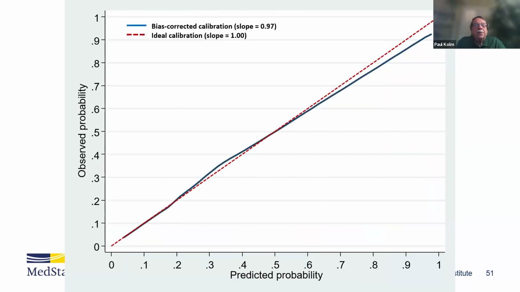If we plot these on a continuous scale, what we would hope to get is something like this, where our observed calibration slope in this case is 0.97, which is pretty close to 1. So in this case, we would have almost perfect calibration.